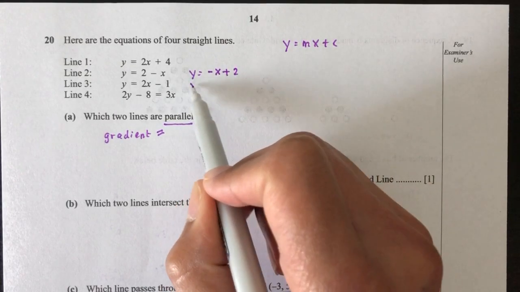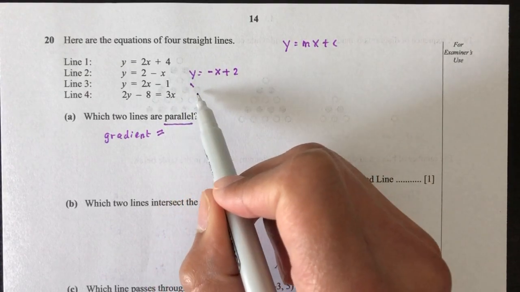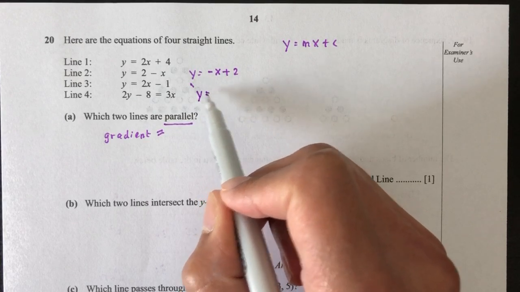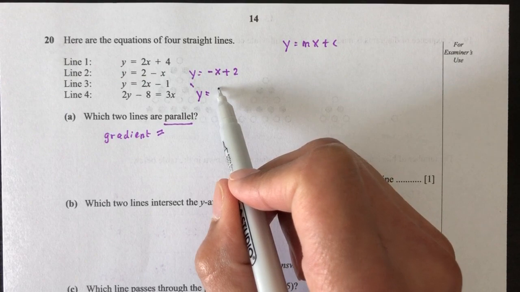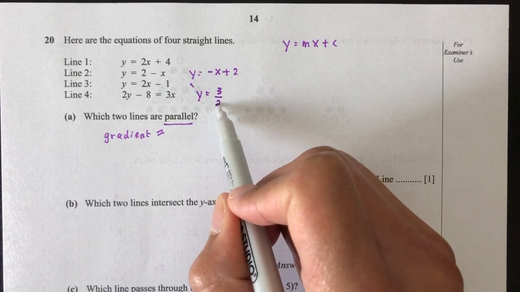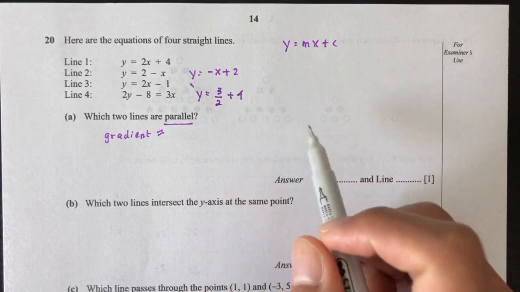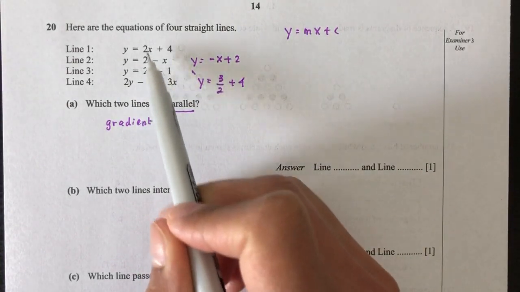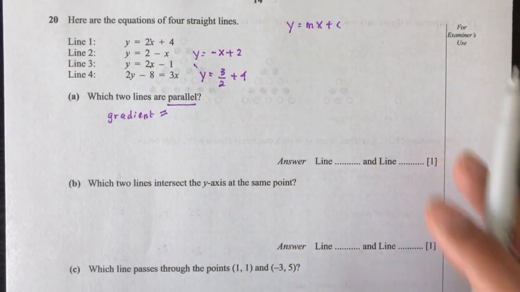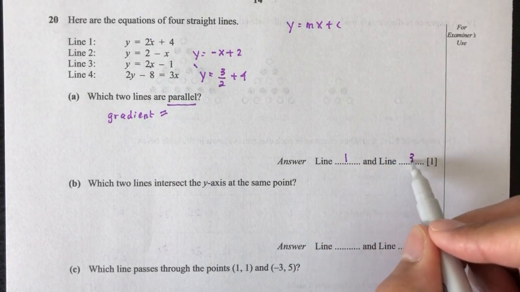And this is y equal to 3 over 2 x plus 4. Which 2 lines have the same gradient? This line and this line, so line 1 and line 3.